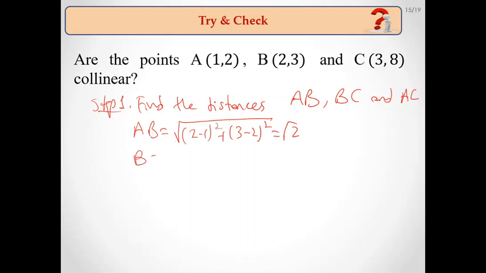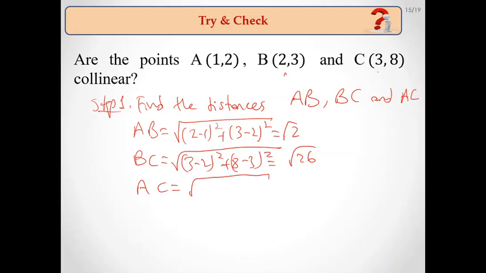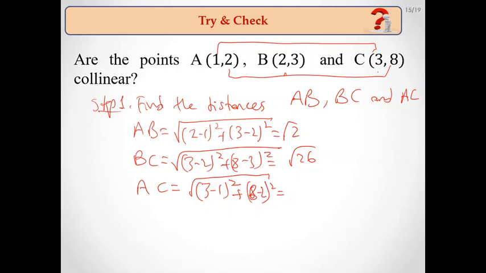And BC here is square root of 3 minus 2 squared plus 8 minus 3 squared. This makes square root 26. And AC is the square root of 3 minus 1 squared plus 8 minus 2 squared. It will be 4 plus 36, so it will be square root 30.